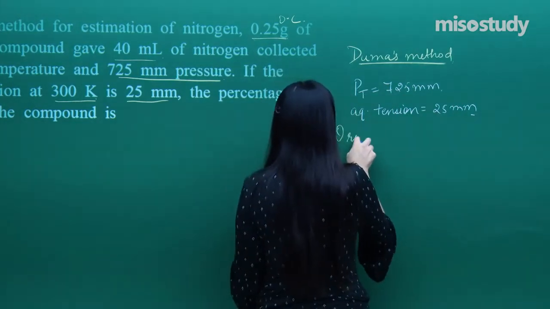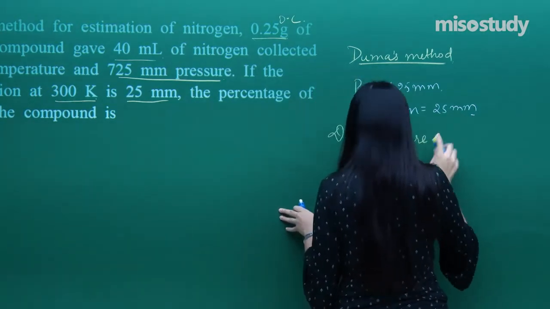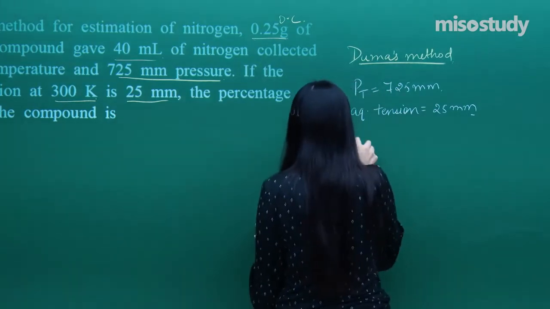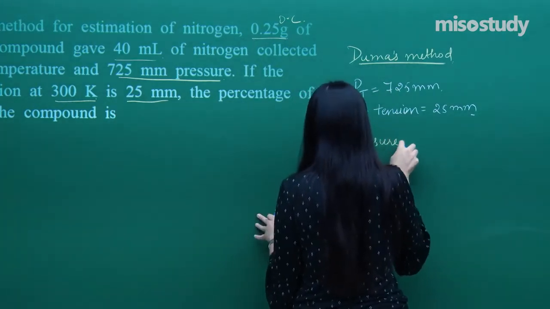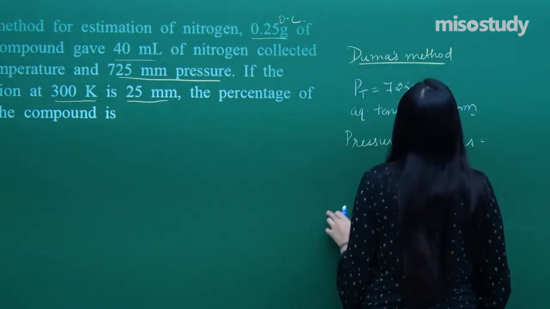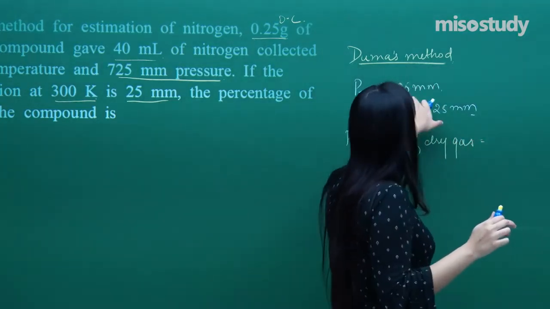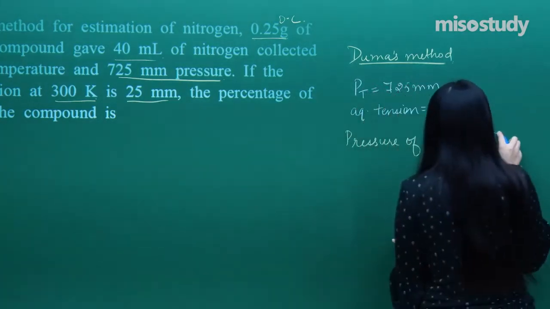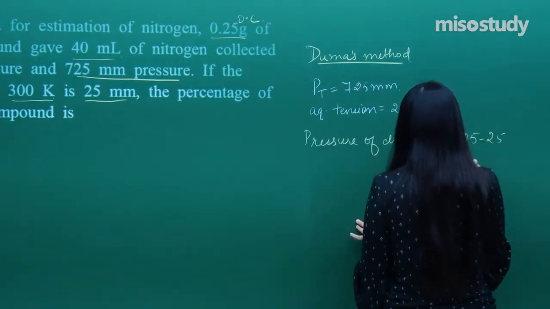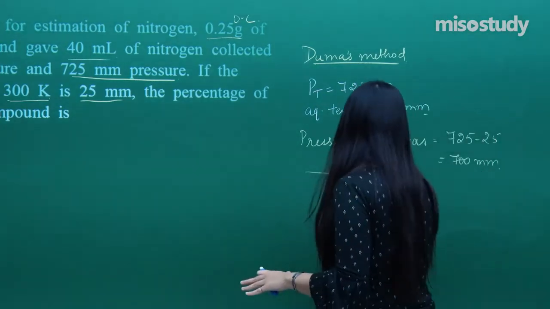So first I need to find out the pressure of dry gas. That would be the total minus the aqueous tension, right? This is the complete moist pressure which is given. So it will be 725 minus 25 resulting in 700 mm, right? Now I've got the pressure.